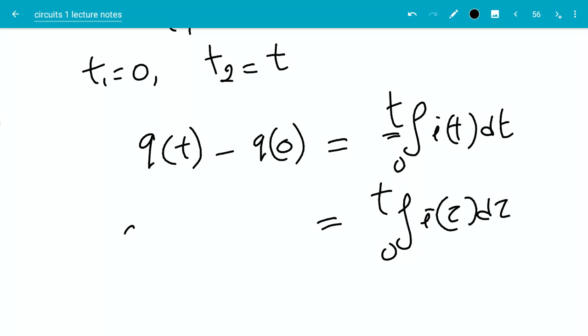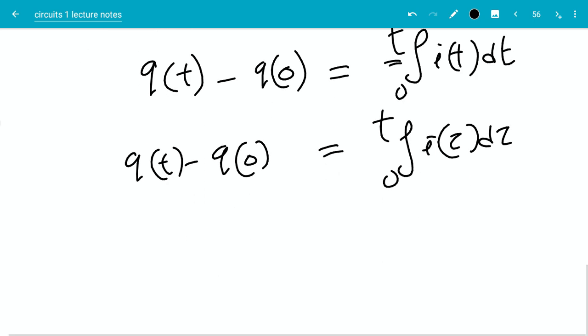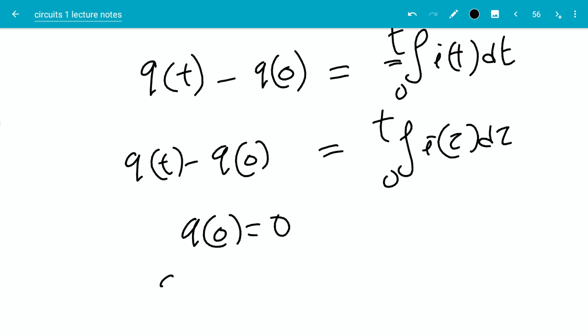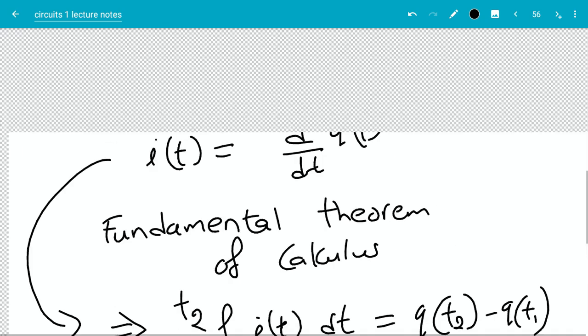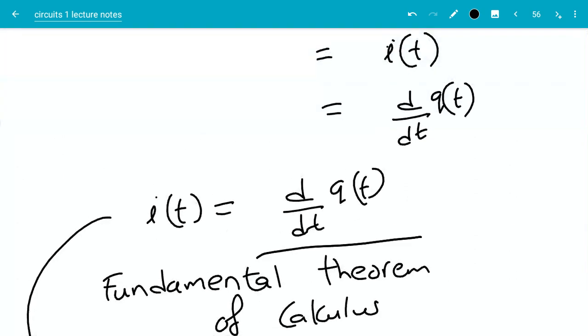This will be q of t minus q of 0. In many cases, we have the initial condition that q of 0 is 0, so q of t is equal to the integral from 0 to t of I of tau d tau. At the core, the definition of current is pretty straightforward: it is the rate of flow of charge.